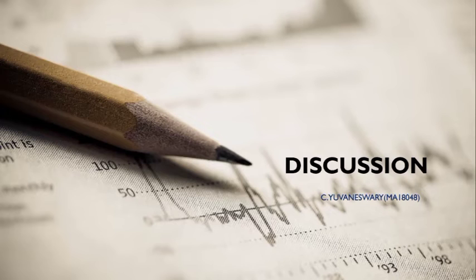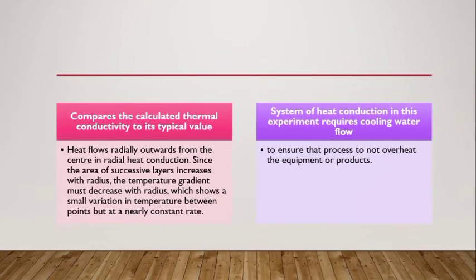Let me start with the discussion. Firstly, on comparison of calculated thermal conductivity to its typical value. Heat flows radially outwards from the center in radial heat conduction. Since the area of successive layers increases with radius, the temperature gradient must decrease with radius, which shows a small variation in temperature between points but a nearly constant rate.